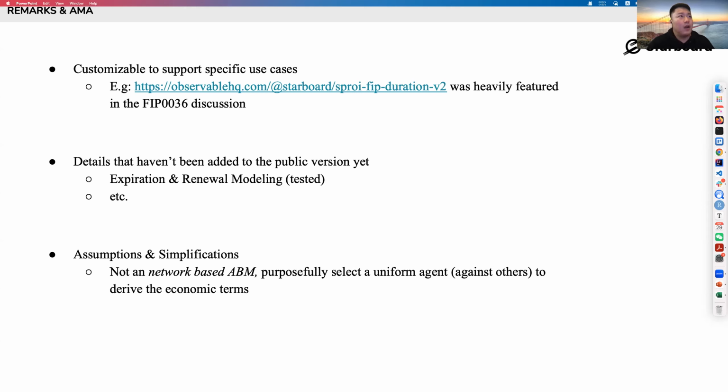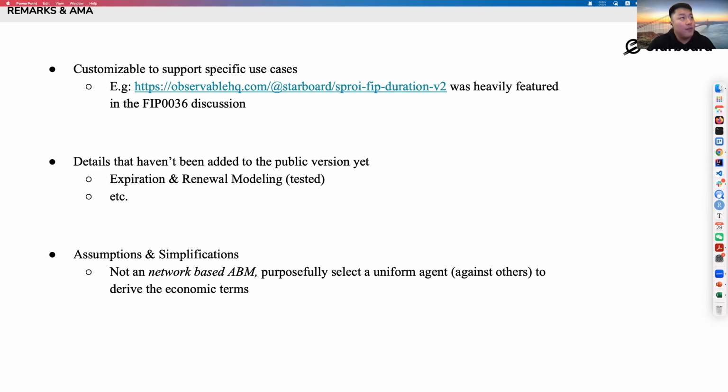For instance, I personally wrote a FIP duration version 2. If you remember the FIP 006 discussion, that was really heatedly debated. So we wrote a modification of the public version of the SPRI to support discussion of that product.